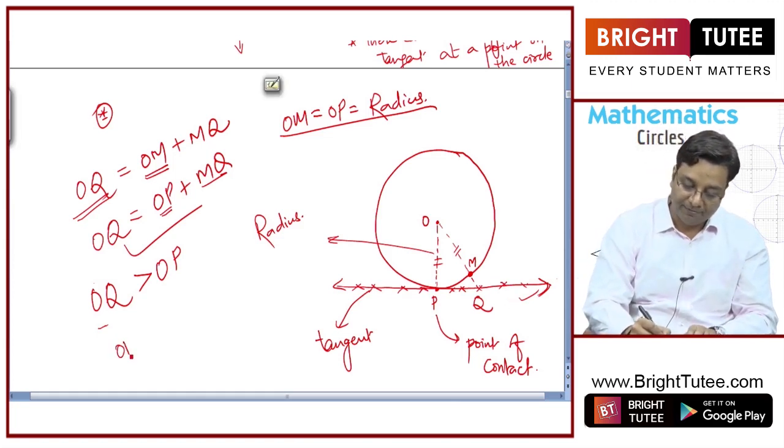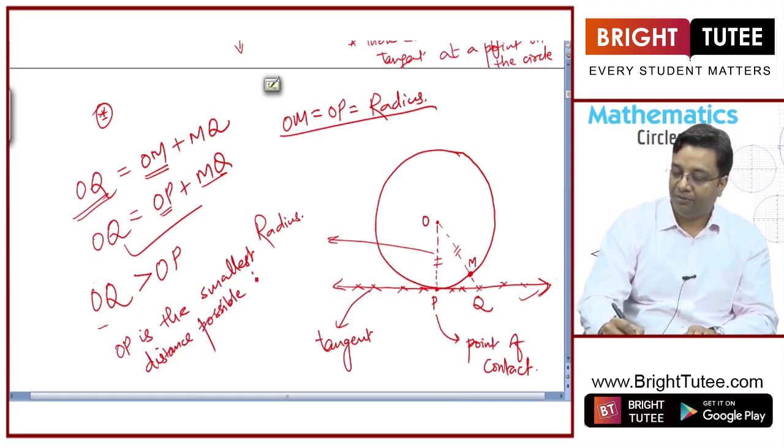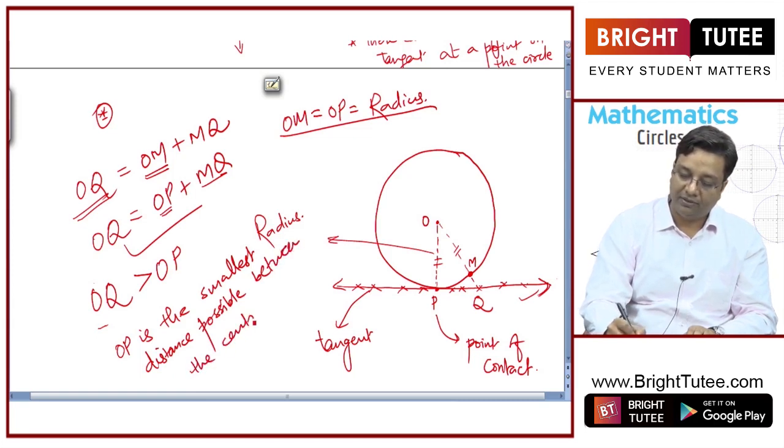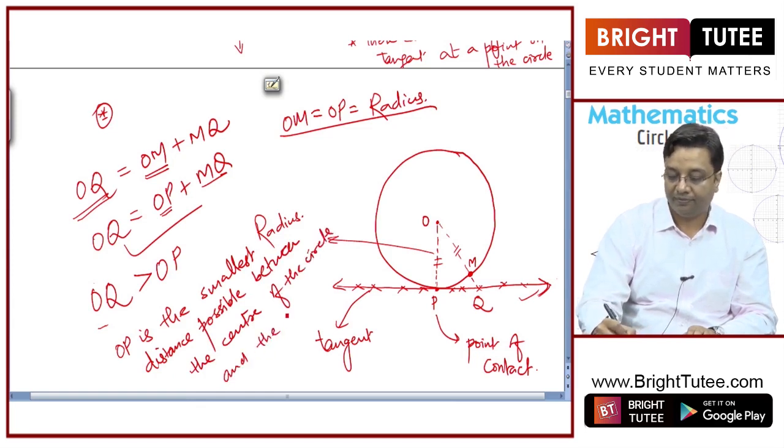So OP is the smallest distance possible between the center of the circle and the tangent. Right?